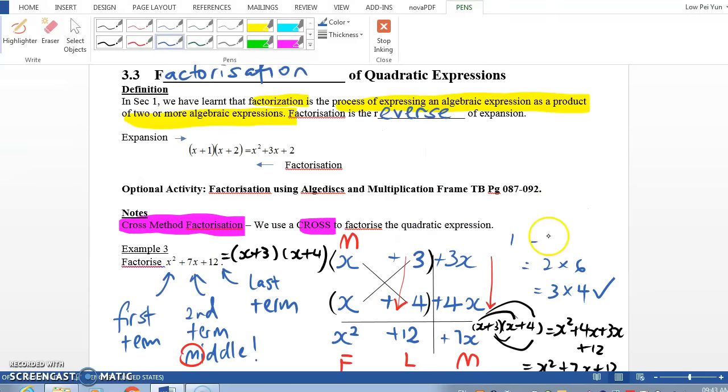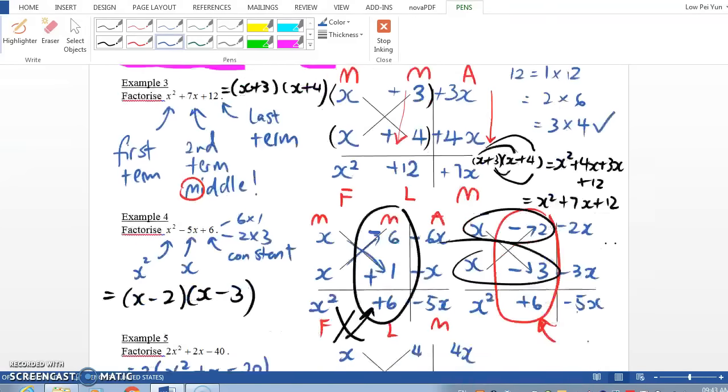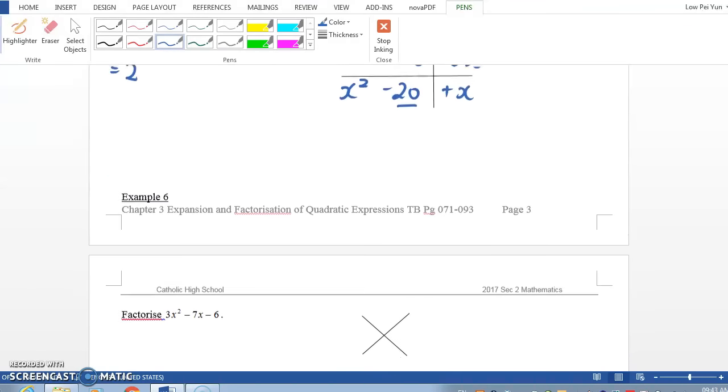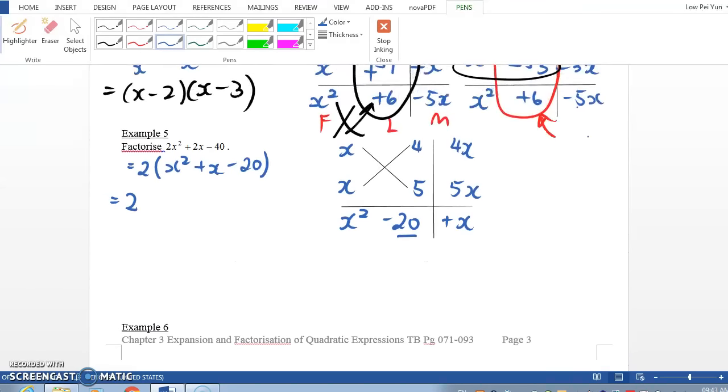In order to get positive x, I need positive 5x, the bigger number, to be positive, and the smaller number to be negative. Let me check. If I put the signs and multiply them, do I get a negative 20?